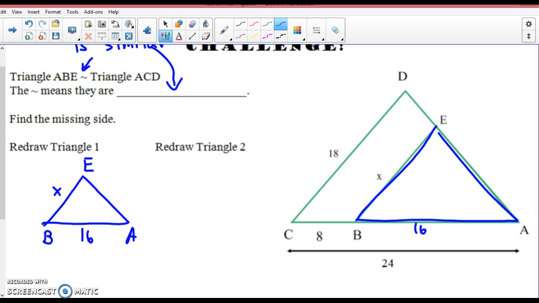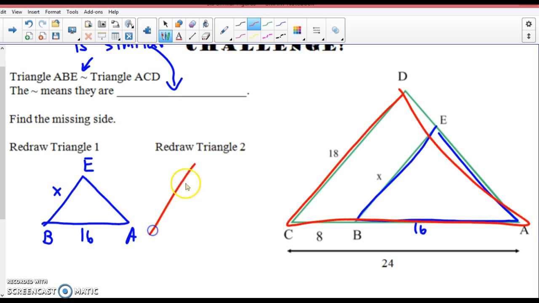You might not necessarily need to redraw the two triangles, but I think for right now, it is not a bad idea. Then, my second triangle is the whole thing. So I'm going to draw that over here, and that is going to be ACD, and this side is 18. What is this side?